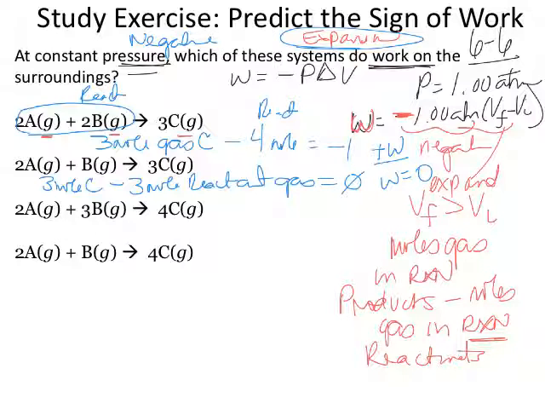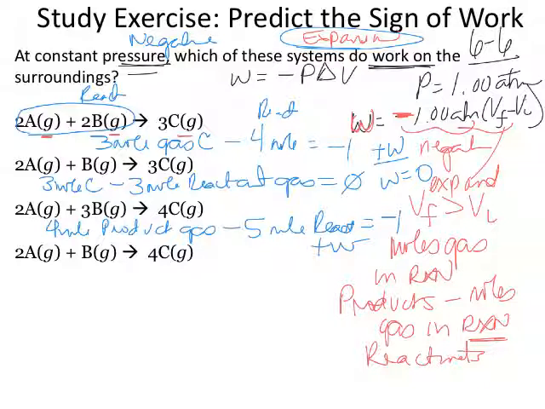The next one, we have 4 moles of the product gas minus 5 moles of your reactant. Once again, that's negative 1, and negative times a negative is going to be a positive work. That's not going to do work on the surroundings.